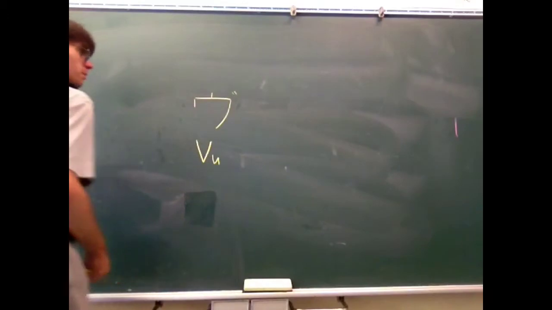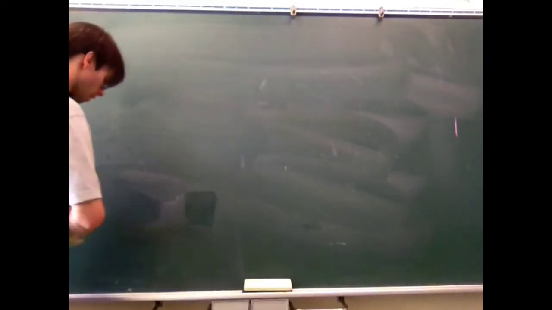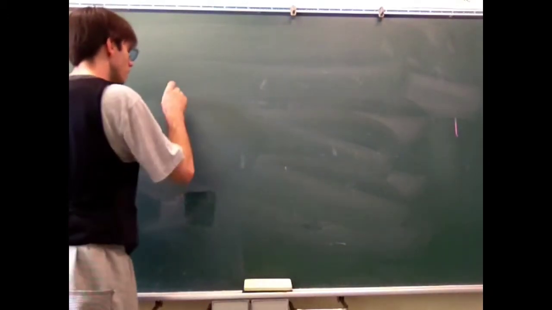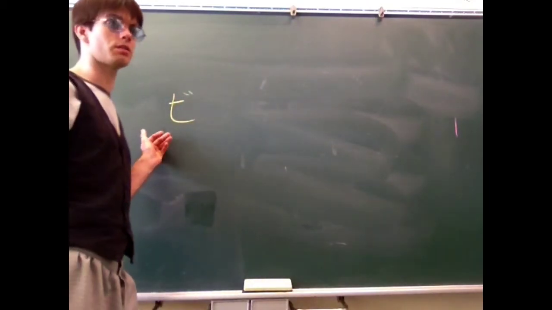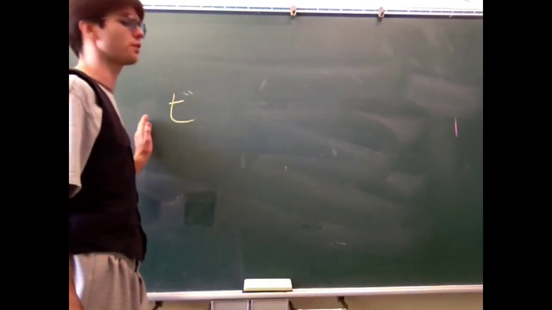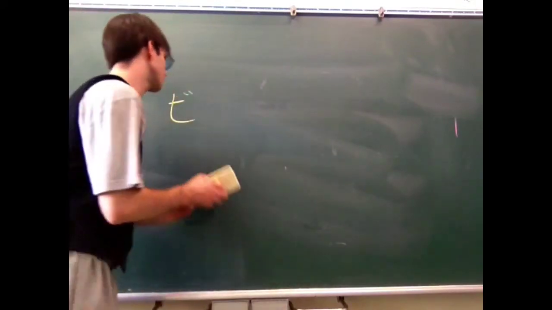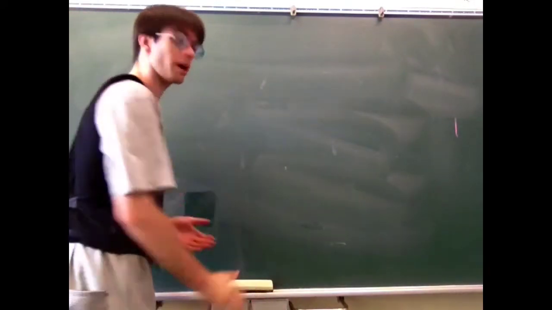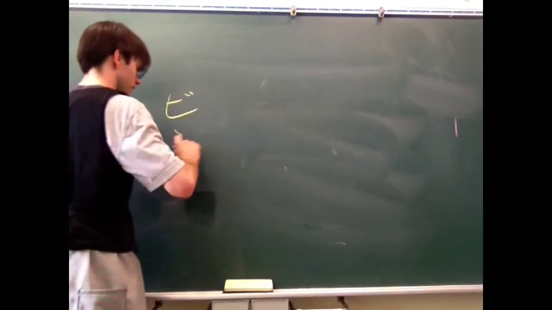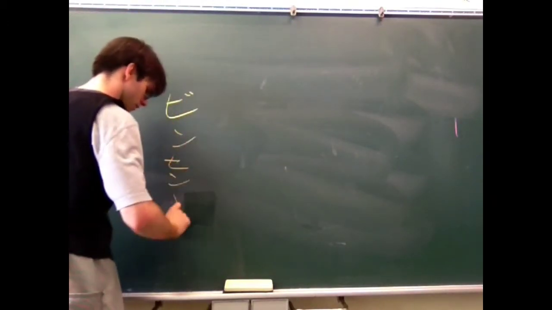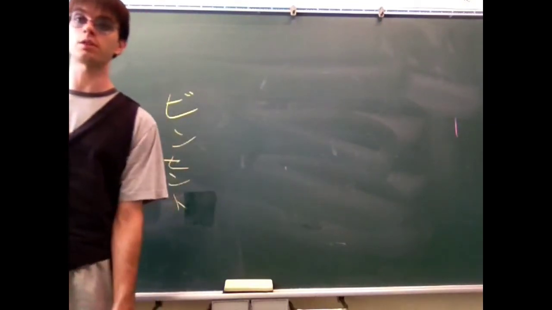Normally, most Japanese people will just use the ba line with ten on it for V sounds. So if you're saying something like, for instance, my name, Vincent, many people will write it bi, n, se, n, to, Binsento.